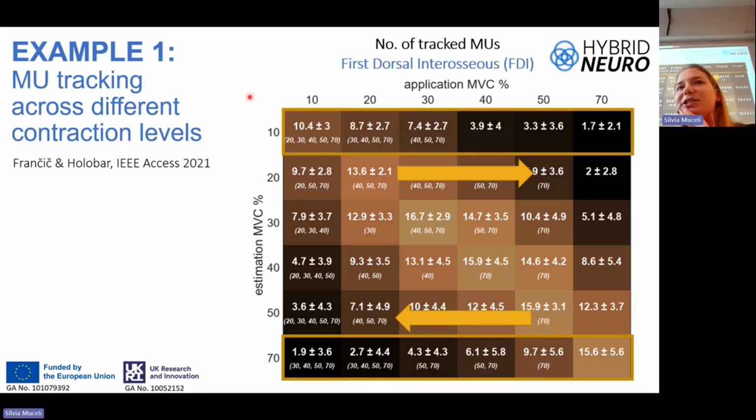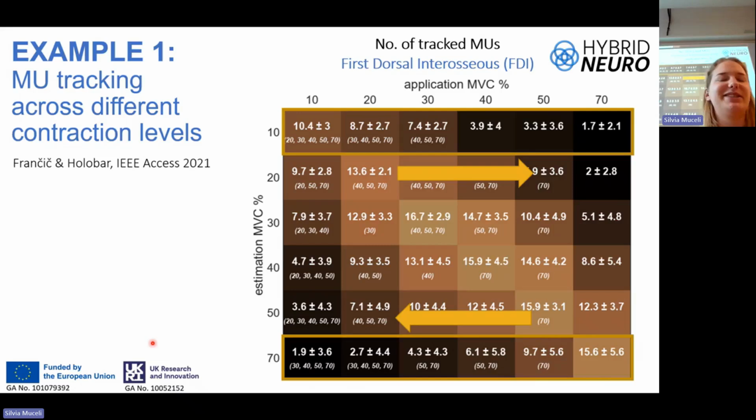We know that the recruitment order of motor units is, at first, the smallest motor units are recruited, then the bigger ones, and last the biggest. So what happened here is that we identified only high threshold motor units that were actually not active at the lower contraction levels. And that's why in the last line, we were losing motor units.